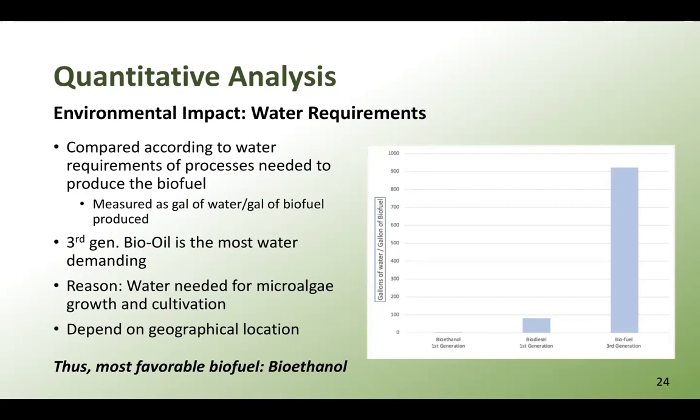And this is, as mentioned earlier, due to the fact that it requires water for the microalgae growth and cultivation, and it also depends on the geographical location, while the liquid biofuel that requires the least amount of water is the bioethanol, as shown in the graph, which is why it's the most favorable biofuel in this case.